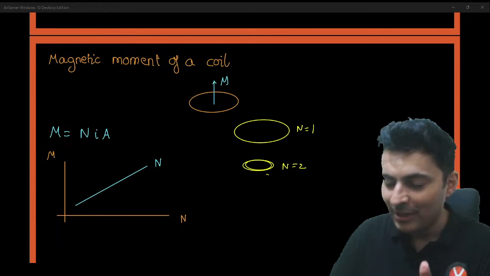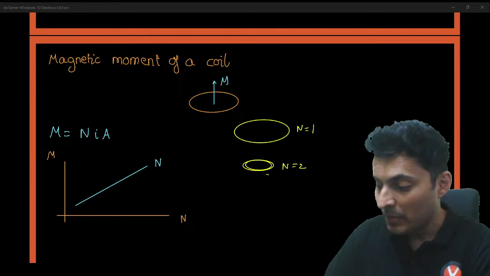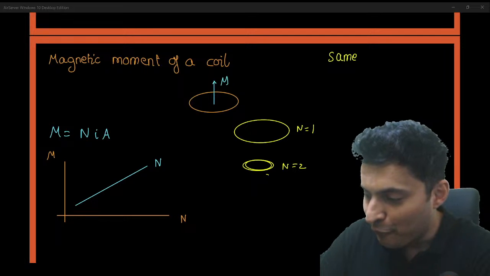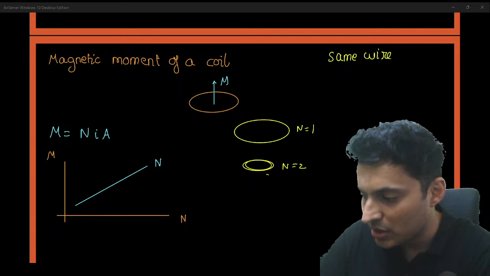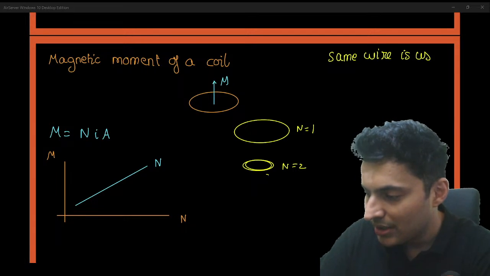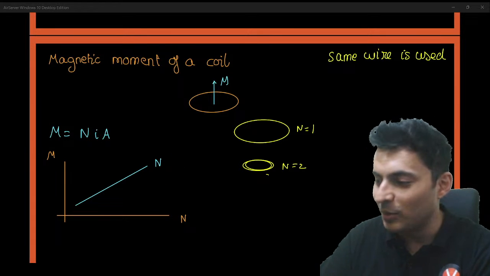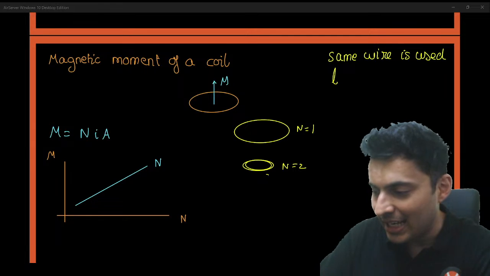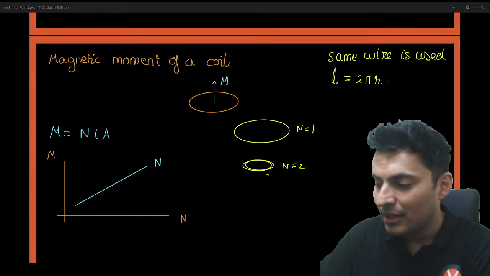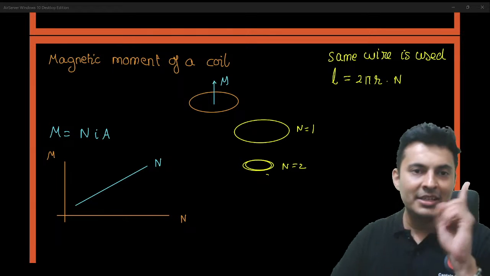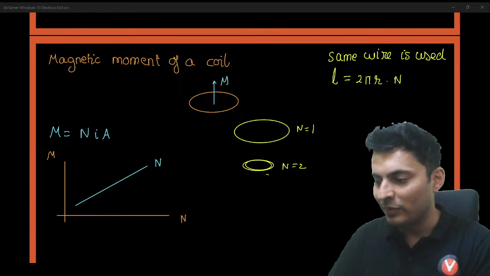So if the same wire is used, then I don't think the moment should be proportional to N. The length of the wire will be 2 pi r into the number of turns.